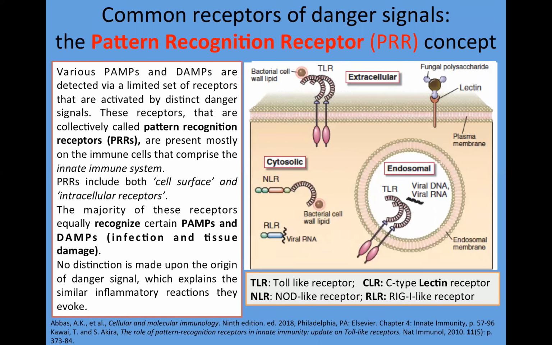Let's see the toll-like family, the largest family and the most known currently. The TLR family includes cell surface receptors, for example, the TLR2 and TLR4, which will detect the LPS and the lipoteichoic acid.